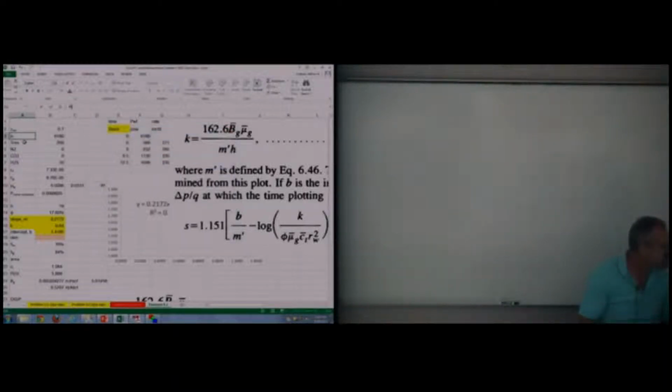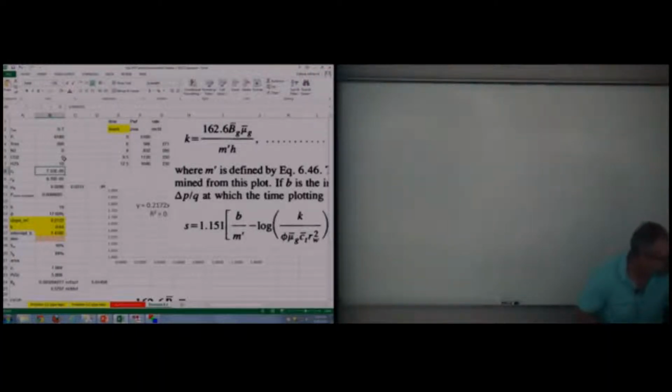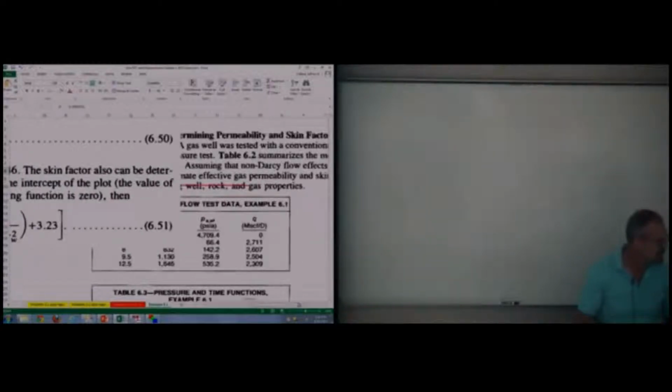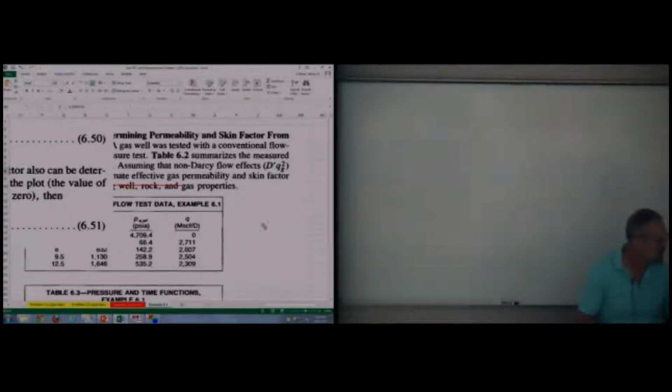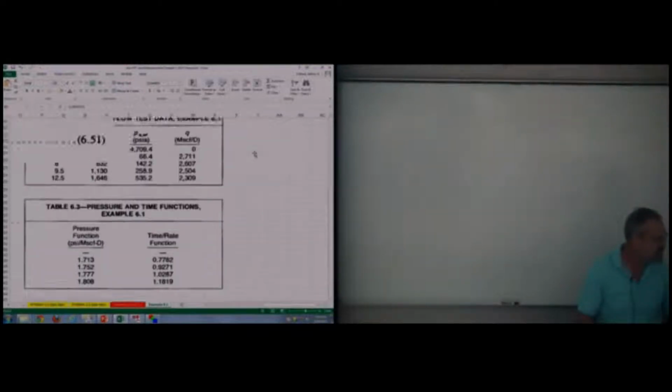We got total system compressibility. Was that given in the problem? Yes, it was.